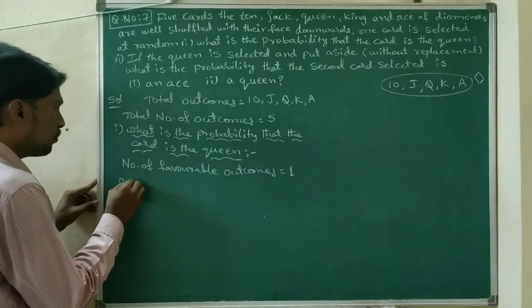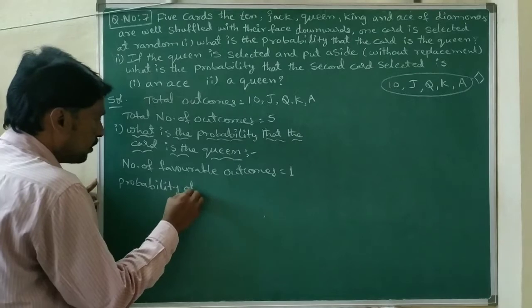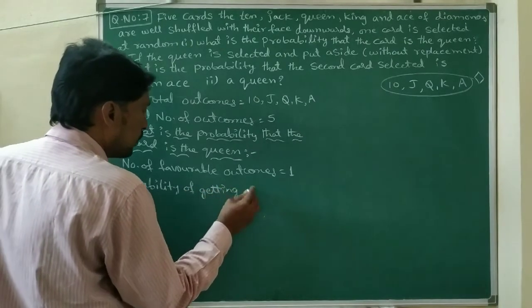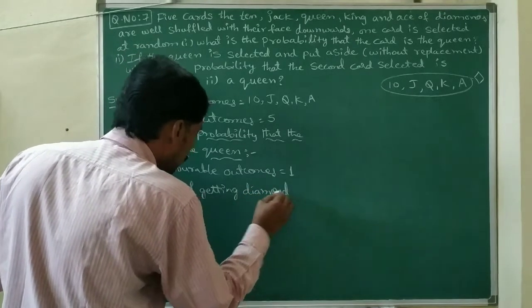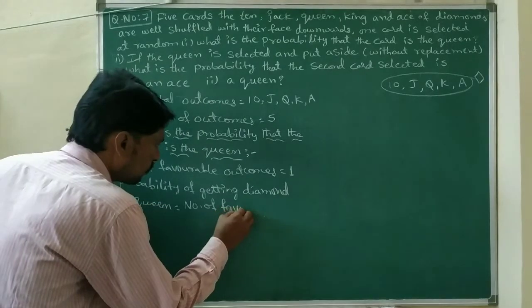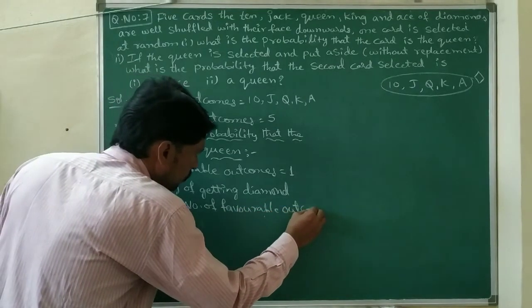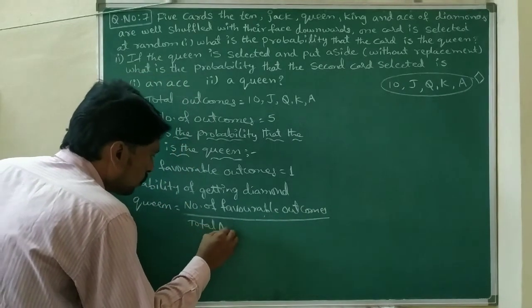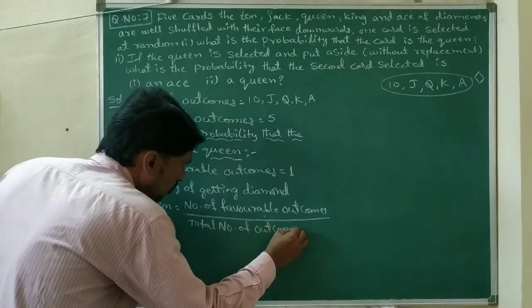So probability of getting a queen, getting a diamond queen, equals number of favorable outcomes by total number of outcomes.